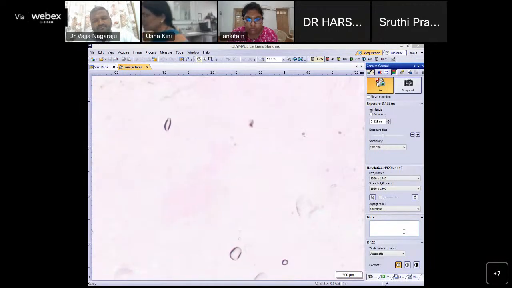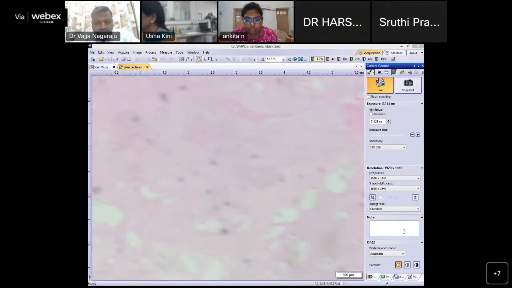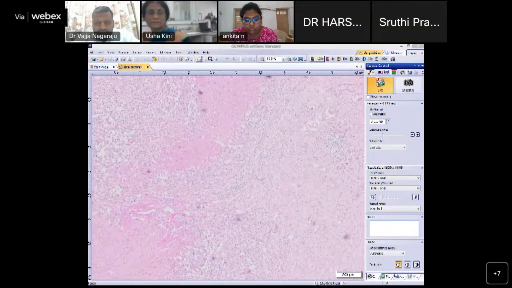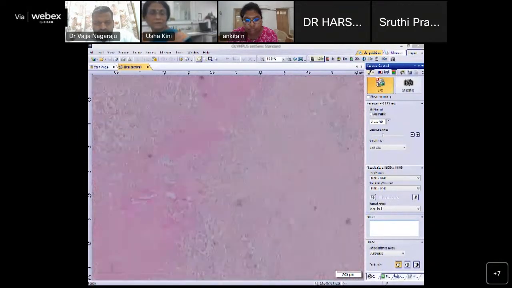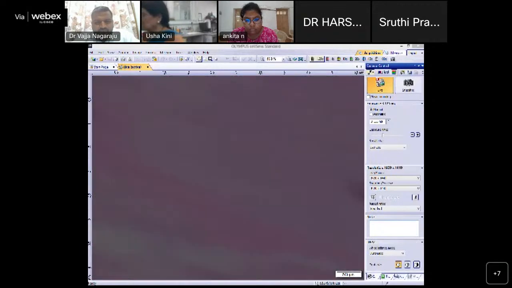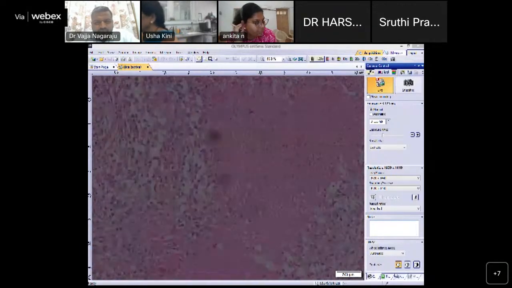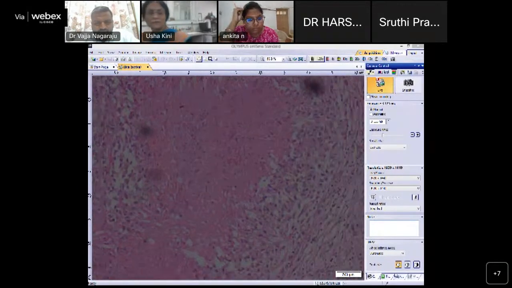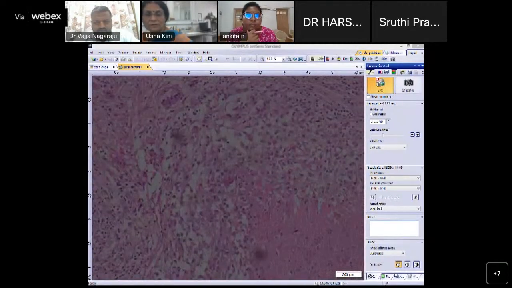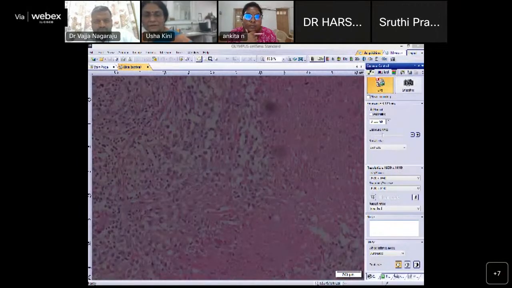So this is a PAS stain. And if you look at this, I don't see anything of the vessel wall. So I was wrong. This was a granuloma, right?